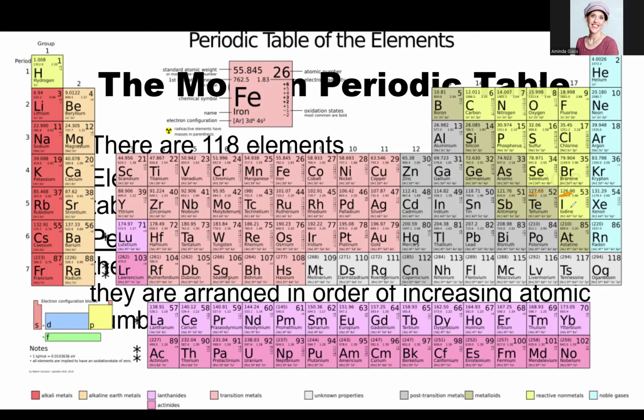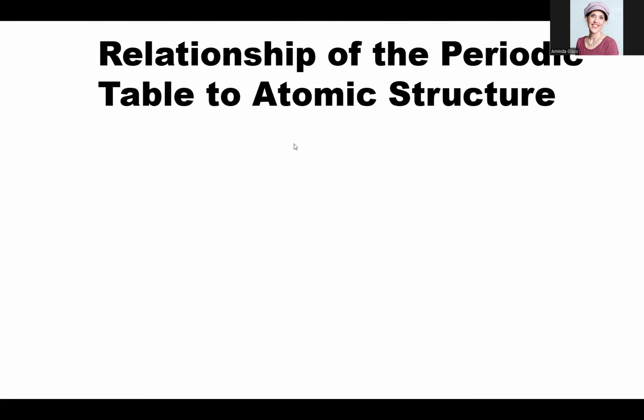But they realized that the properties didn't fit like they did everything else. And that was an anomaly they couldn't explain until they arranged it by increasing atomic number. And then they realized it's the number of protons that give the properties to the elements, not the mass.